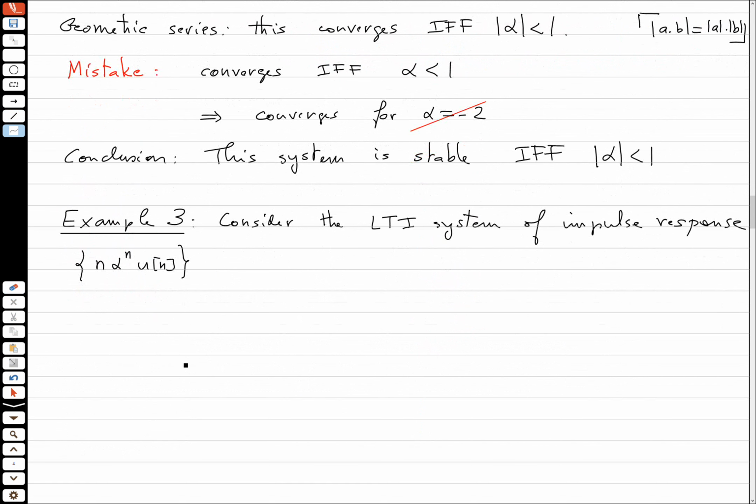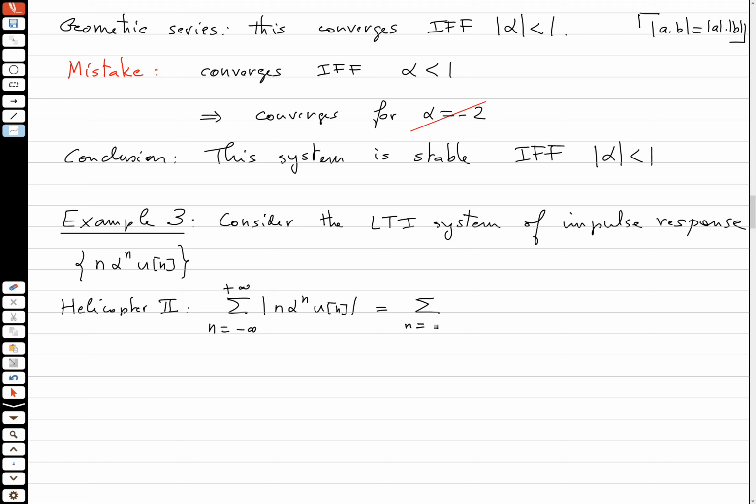So anyway, helicopter 2 makes you calculate the sum of this in absolute value.